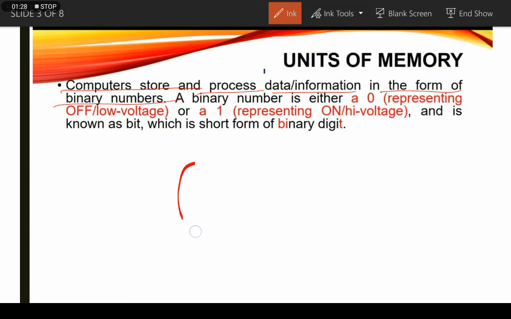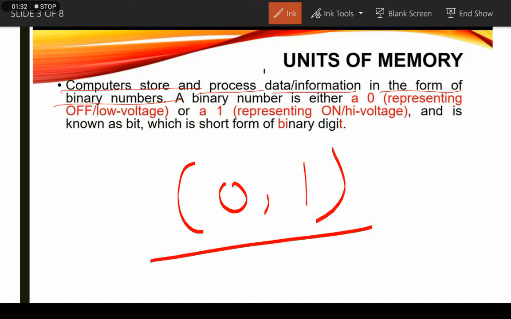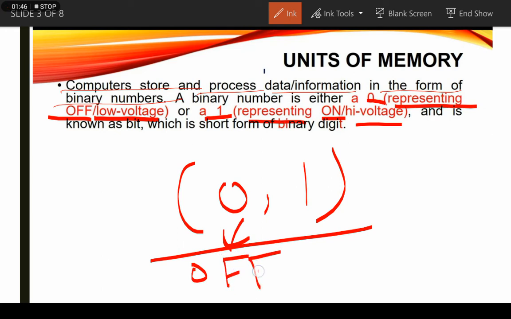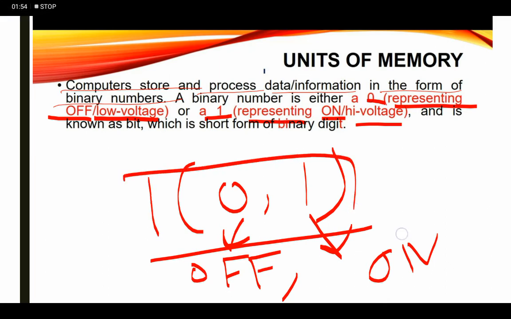A binary number is basically 0 and 1, where 0 represents off or low voltage and 1 represents on or high state. It means 0 means off and 1 means on. And 0 or 1 is our binary digit.